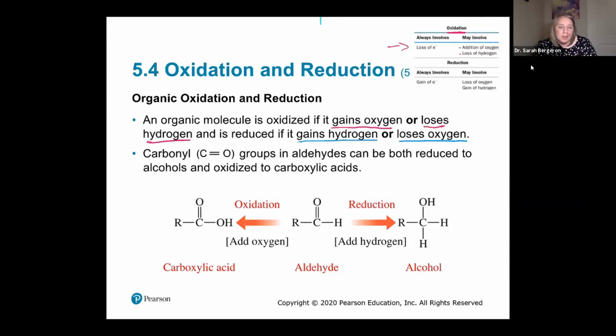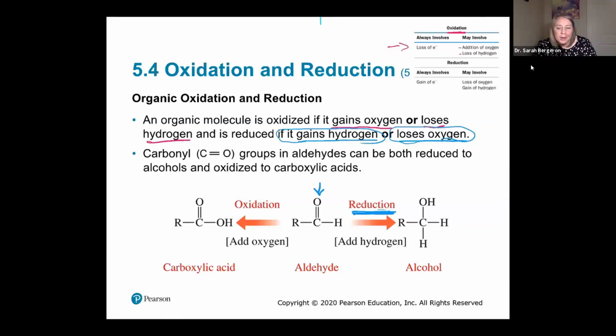So let's look at an example. We have a carbonyl group right here on our compound, and we call this kind of compound an aldehyde. Aldehydes are kind of cool because they can be both reduced and oxidized. Let's look at reduced first. It's reduced if it gains a hydrogen or if it loses an oxygen. So if we go in this direction, we're going to have a reduction reaction.